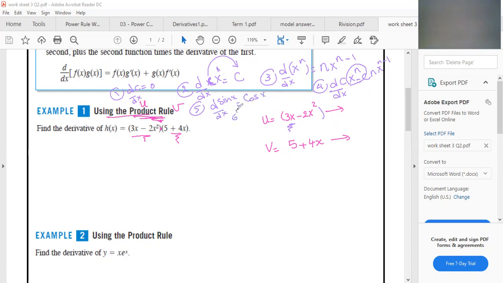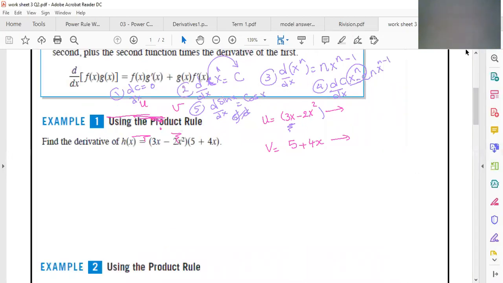The sixth rule will be the derivative of, I'd like to write here, wait a minute. I need enough space to write. Focus with me.